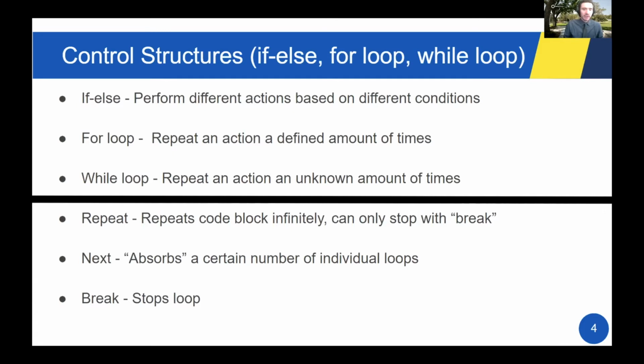Infinite loops essentially mean that R is frozen and just repeating that loop forever, and you will need to stop the loop manually for your code to progress. So you really don't want that to happen.